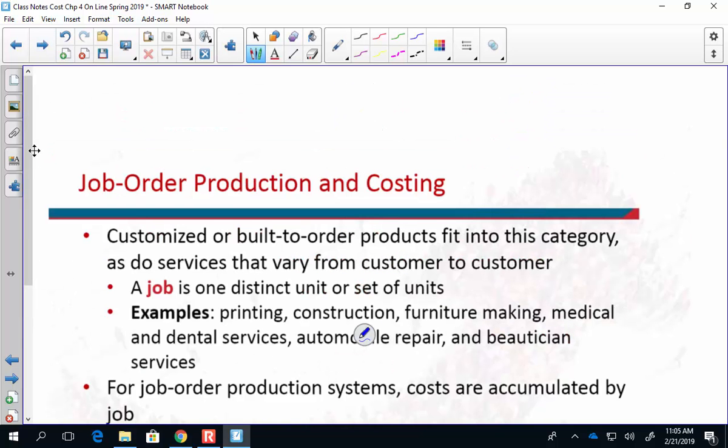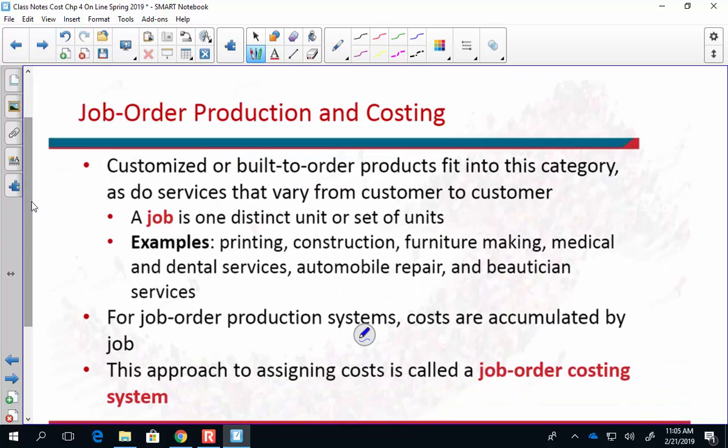And I think the examples provided in the book are pretty clear. I don't think there's any doubt where with construction, that's a very unique process. Each customer has its own requirements, or even in printing. I know we might make a lot of them, but each customer has its own specifications. So take a look at those.